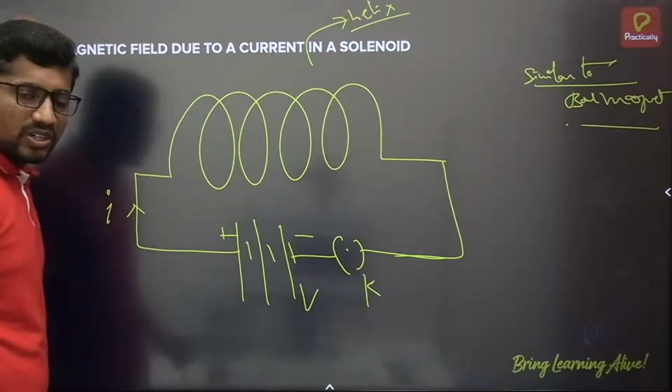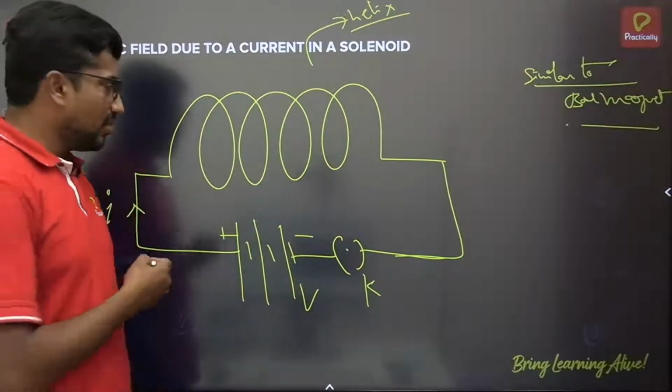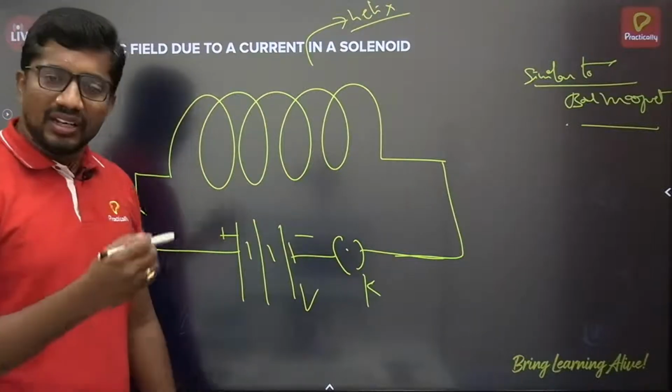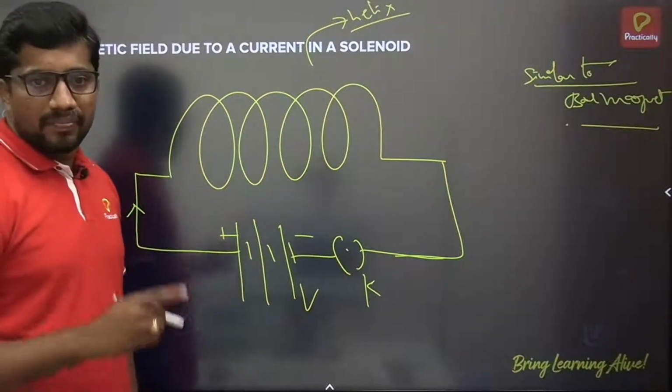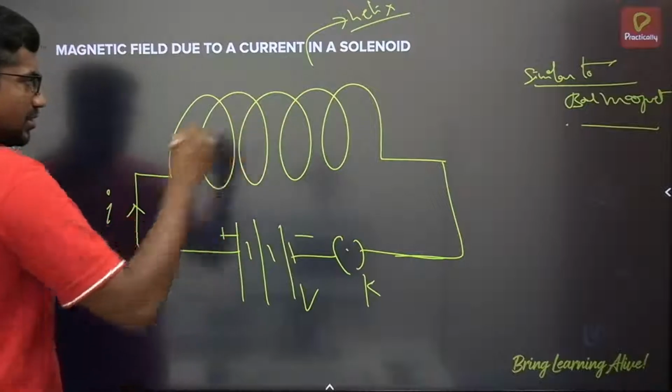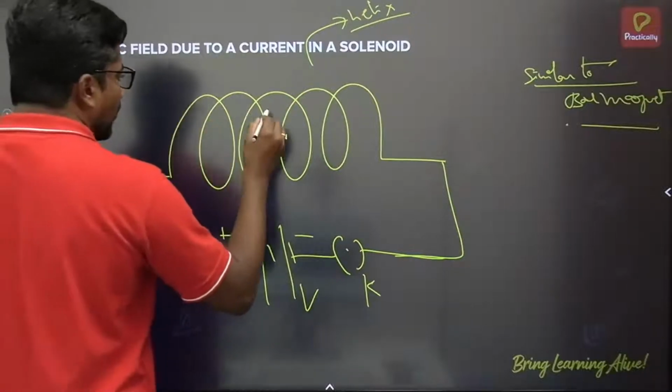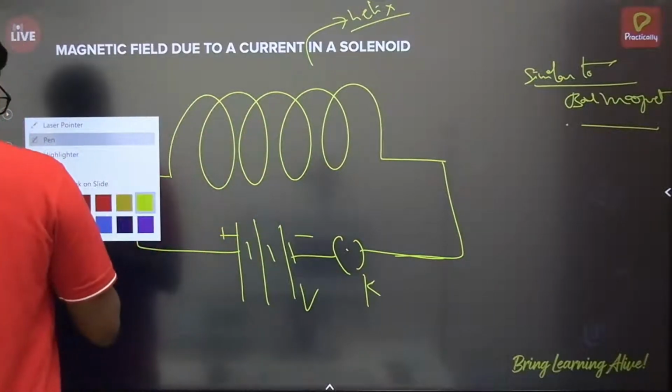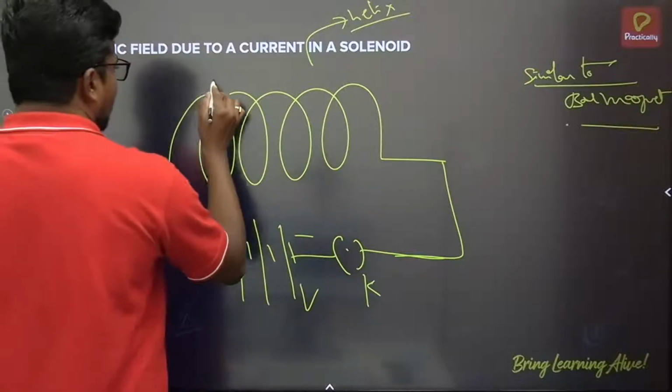Okay, so according to Oersted's experiment, when electric current is passing through it, a magnetic field will be developed. Now this field will be in the form of closed loops like this, children.